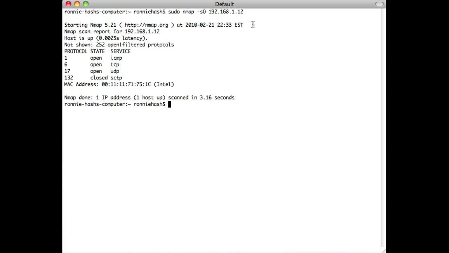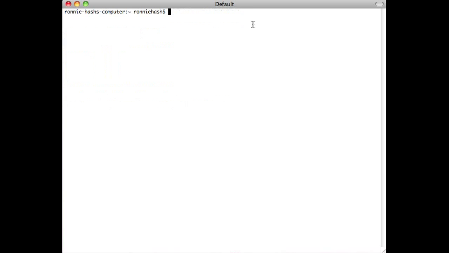Now, let's take a look at another switch, which we said we're going to use to determine what version a service is running on a system. And that would be sudo Nmap -sV. Sometimes Nmap runs really fast, sometimes it's slow, depending on your network and your host response.